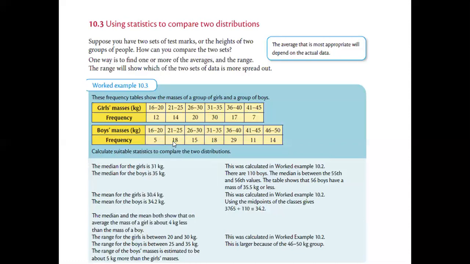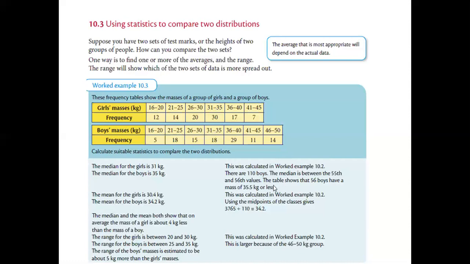Here we have 5 plus 18 is 23, plus 15 is 48. Am I right? No, 43, and plus 18 is more than 55. That's why we should take from here, between 31 and 35. So maybe we can take the midpoint of 31 and 35.